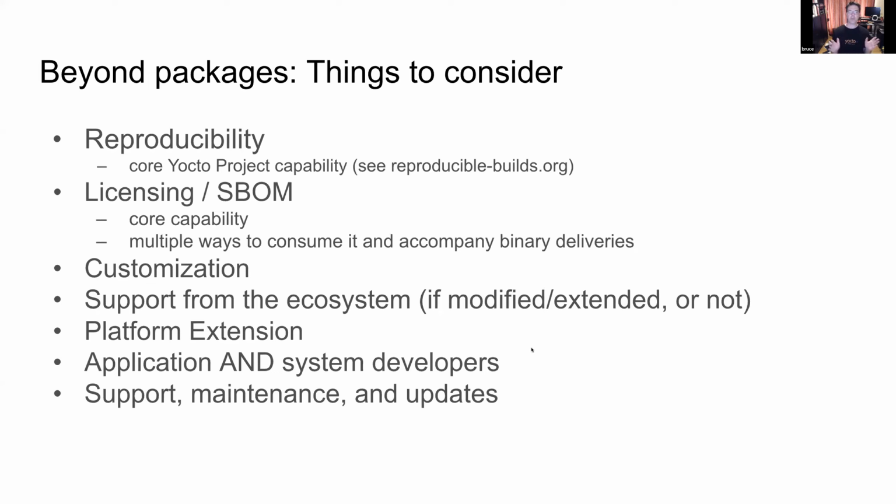But we keep both in mind. And of course, how will you support it, how will you maintain it, and how will it be updated are things to consider when you're moving beyond packages. Because if you take up packages and you consume base container images, well, then there's still a support, maintenance, and update question that needs to be answered.